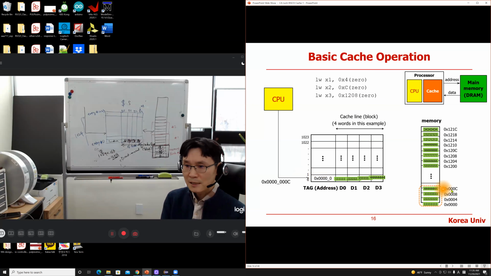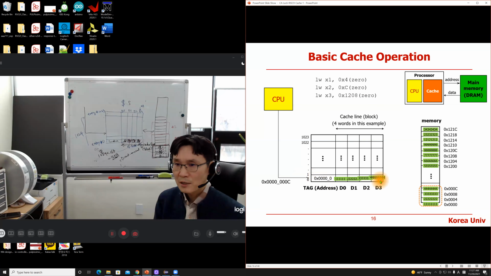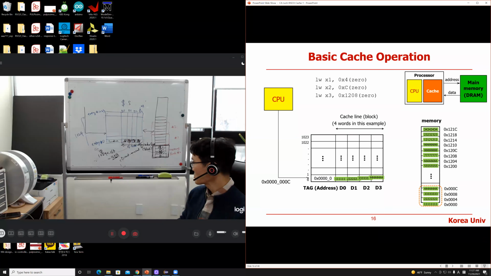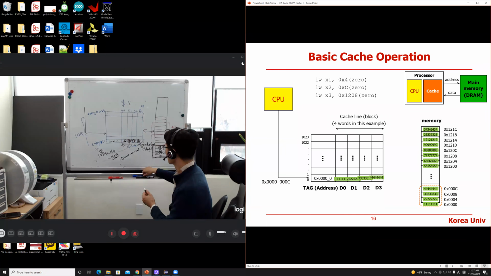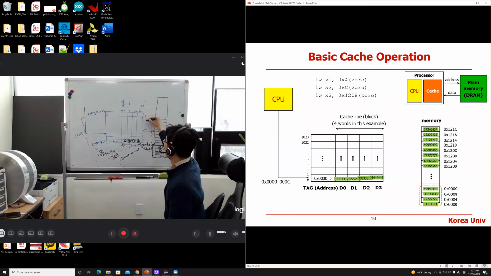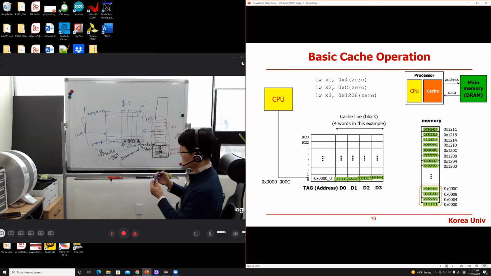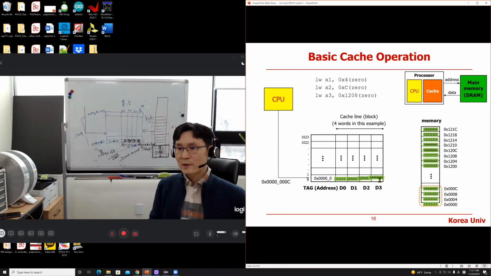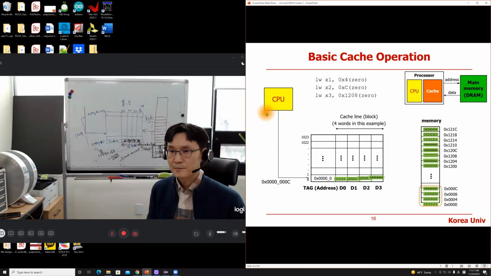The data for C is in the cache, so the cache can provide data to the CPU. Cache hit. We have a cache hit now. Now the second instruction is done.